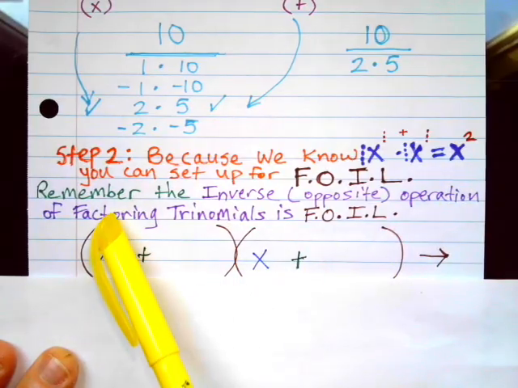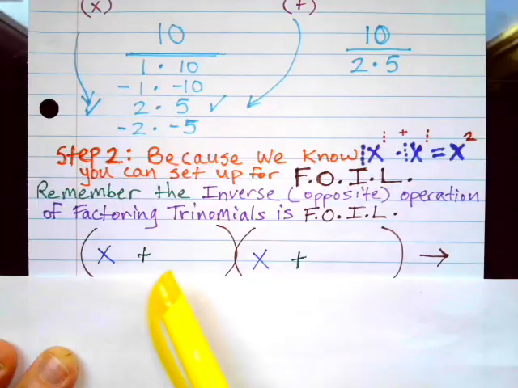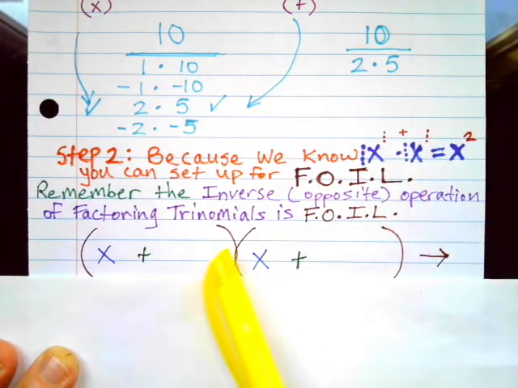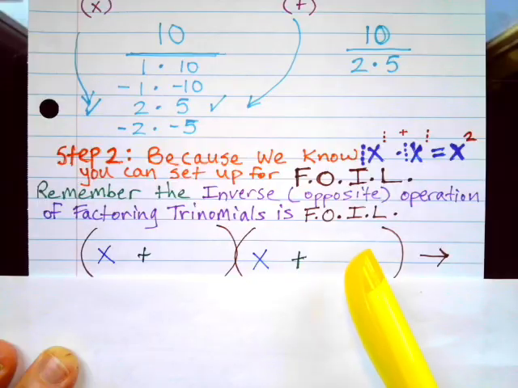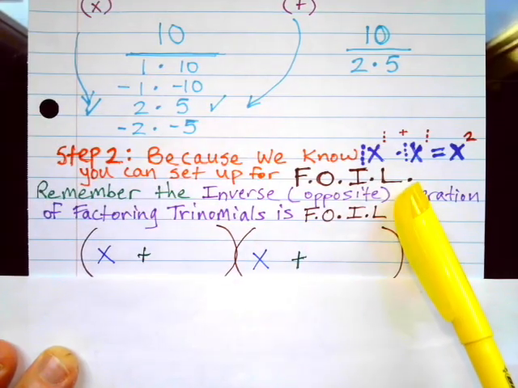And so I can set this up with two sets of parentheses. X times x is going to give me that x squared. Now I needed two numbers that multiply to 10 but add up to a positive 7. We found that. So this is how you're going to set up FOIL.